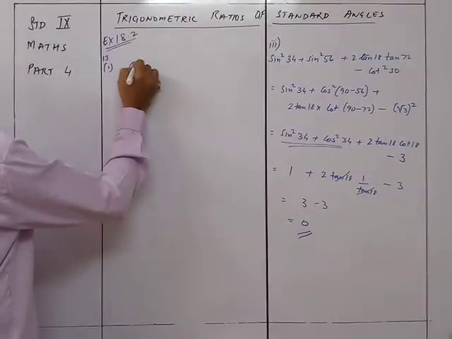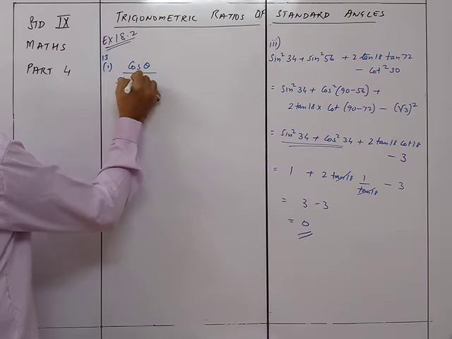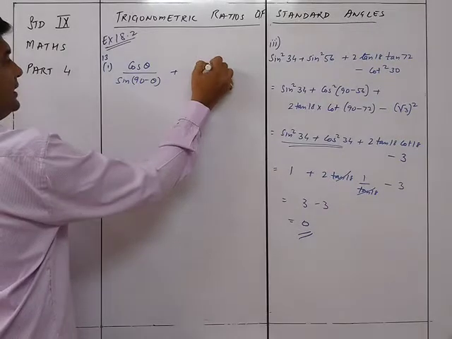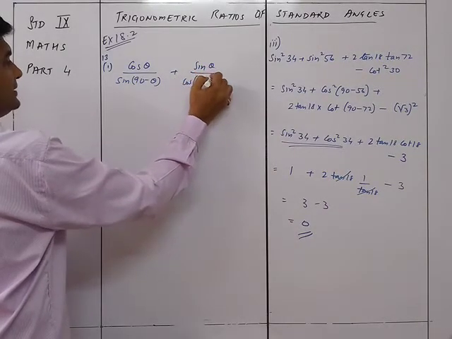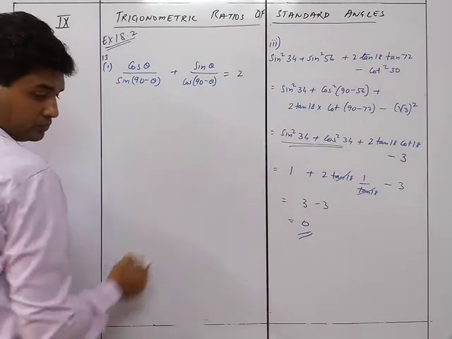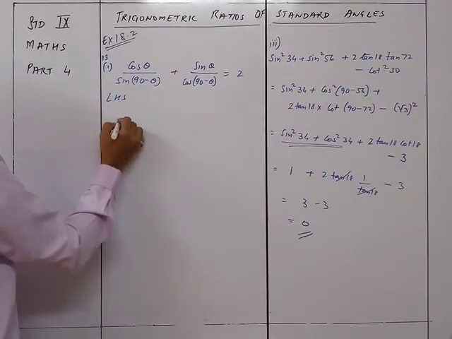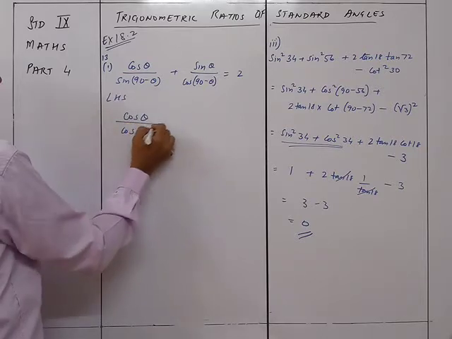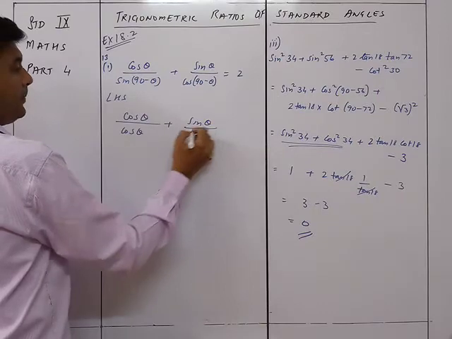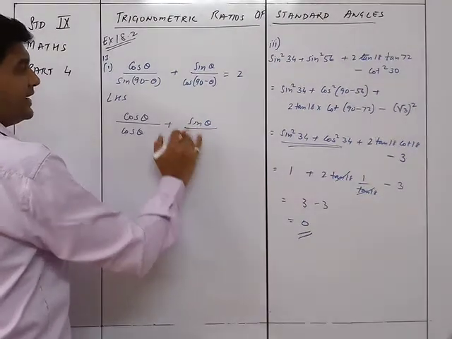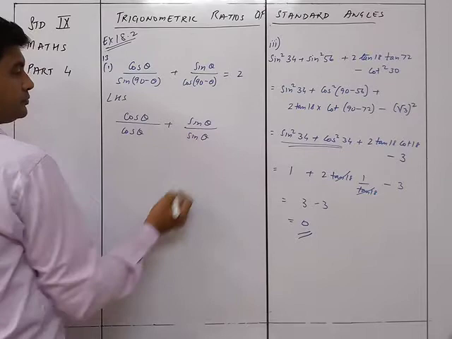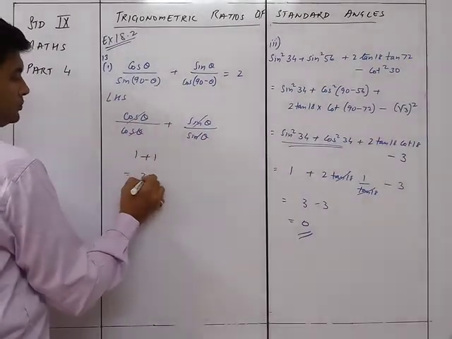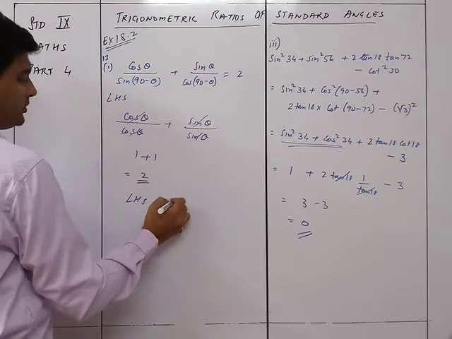You have to prove that cos theta upon sin 90 minus theta plus sin theta upon cos 90 minus theta is equal to 2. So LHS, sin 90 minus theta is cos theta, so cos theta upon cos theta plus sin theta upon, again cos 90 minus theta is sin theta. So that cancels to 1 plus 1 is equal to 2. LHS is equal to RHS.